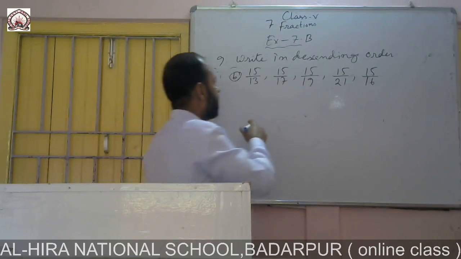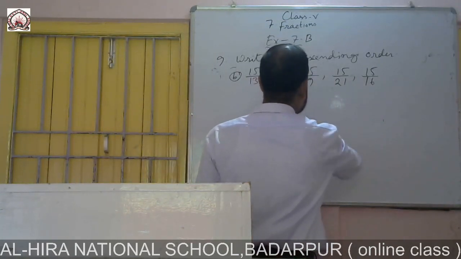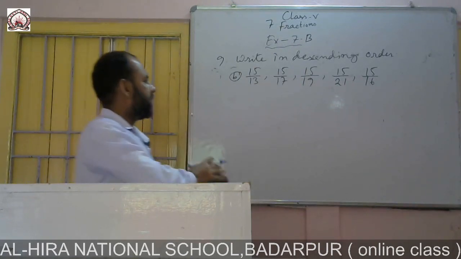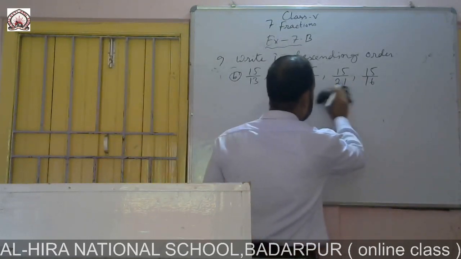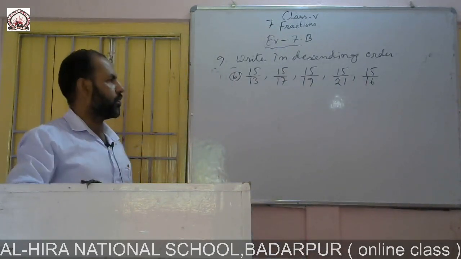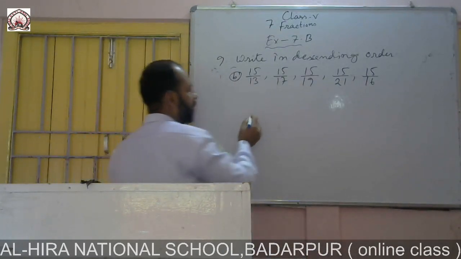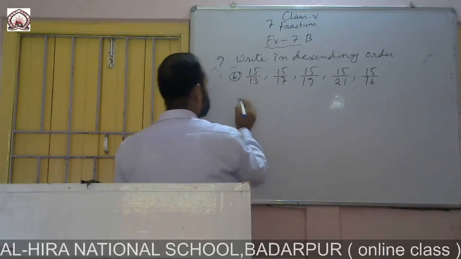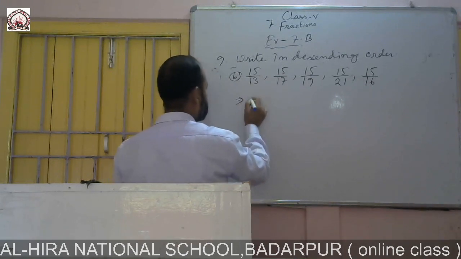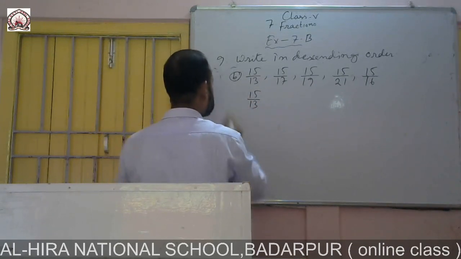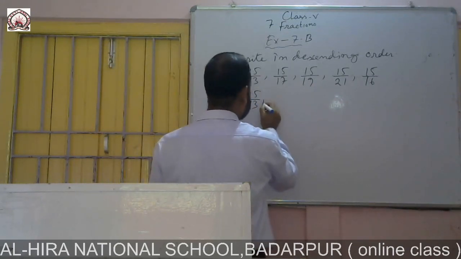numerators are the same, which denominator is small, it is big. So here small is what? 13. So it remains in the same place in descending order. 15 by 13.